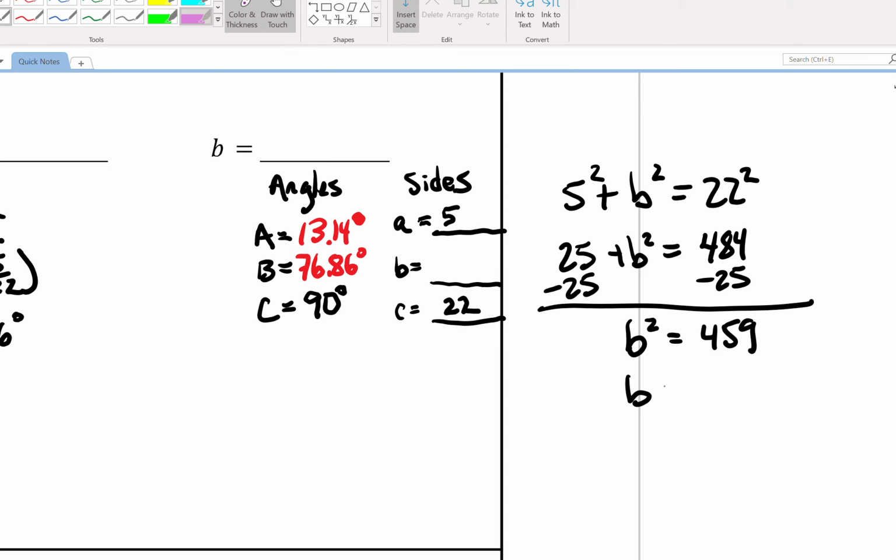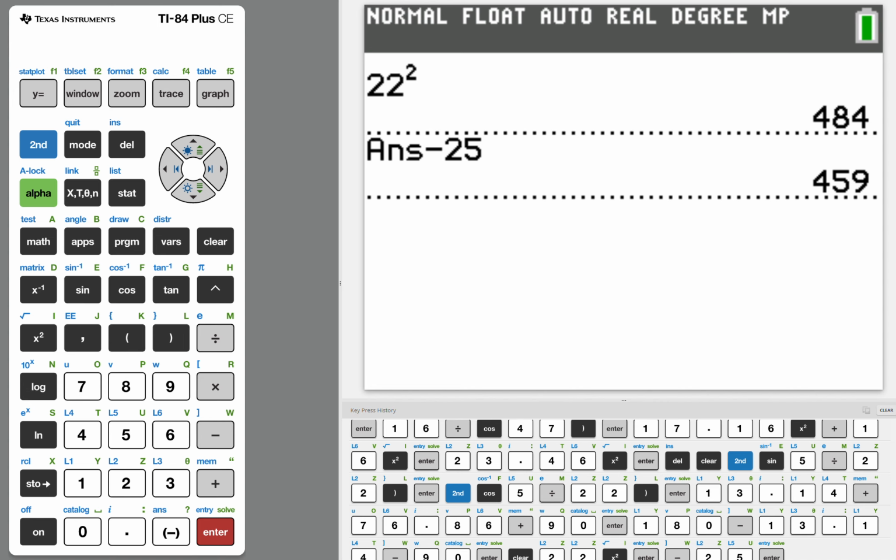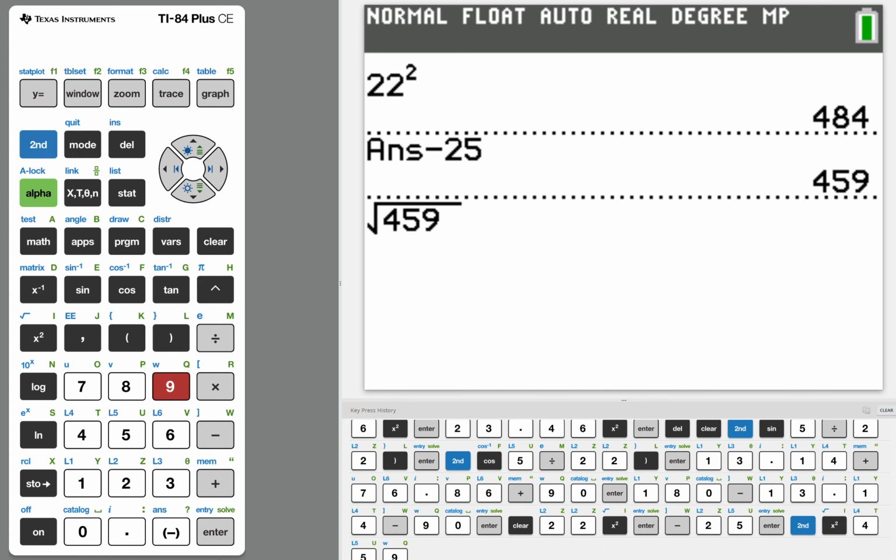B is going to be exactly equal to the square root of 459. But that, unless it's a perfect square, is going to be approximately equal to something. Let's see. The square root of 459.